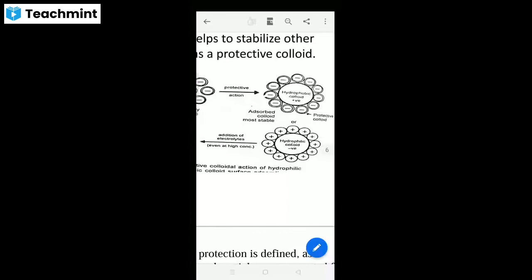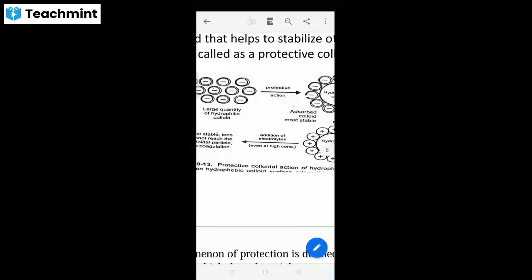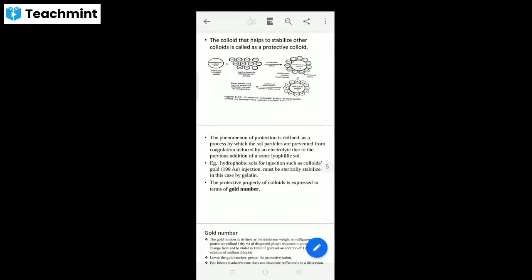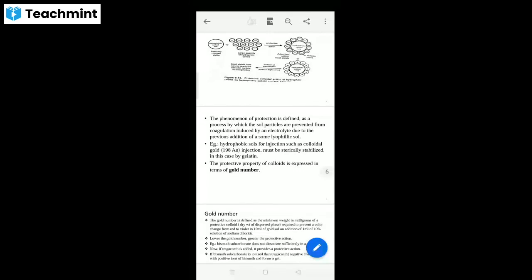The particles of that hydrophilic dispersion now form a protective sheath around the hydrophobic colloidal particles. That is the achievement we got by the addition of hydrophilic colloidal dispersion to make the hydrophobic colloidal dispersion permanently stable.